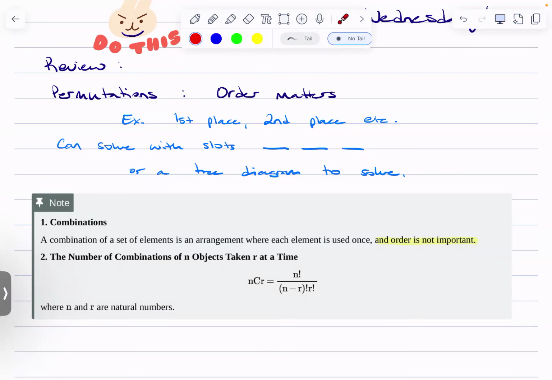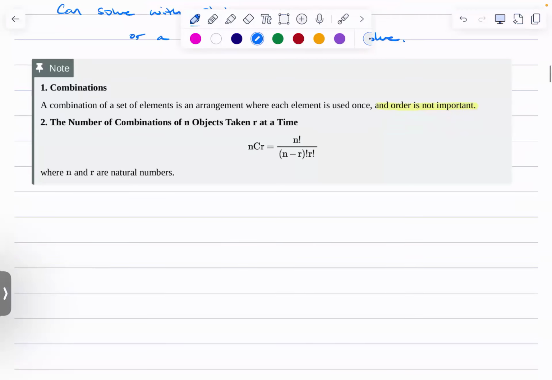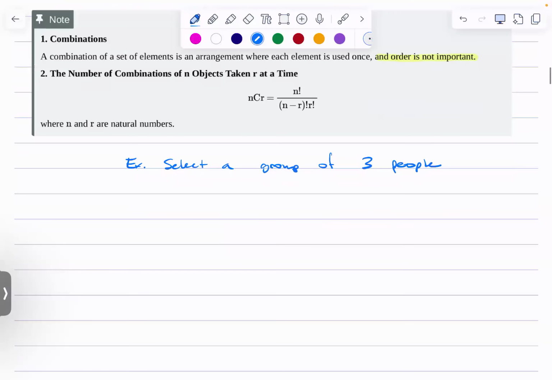And so that's how you would determine that order is not important. And so, for example, select a group of 3 people from 10, something like that.